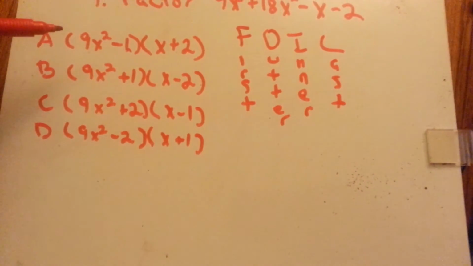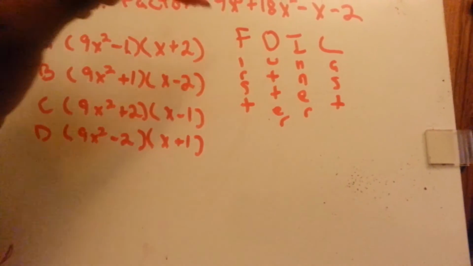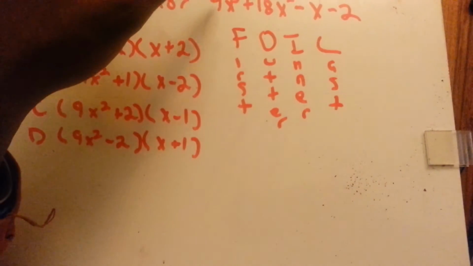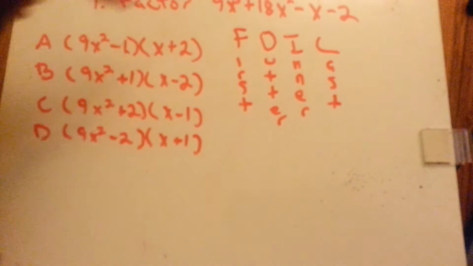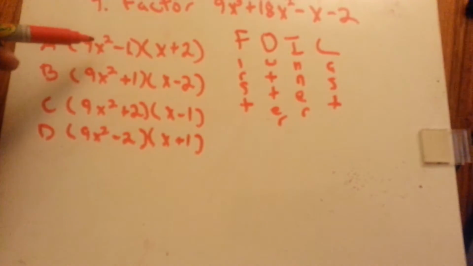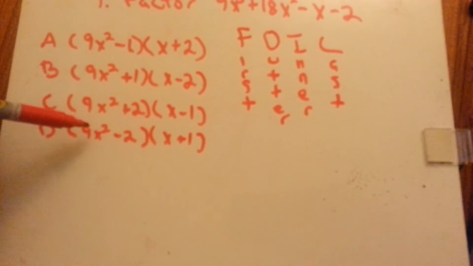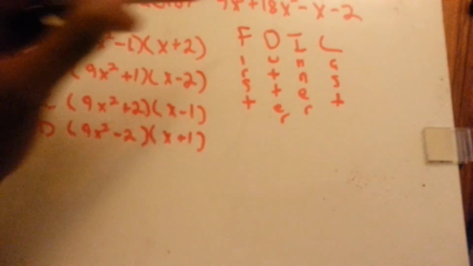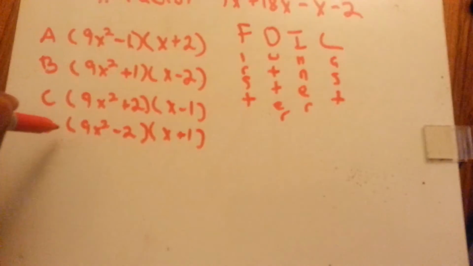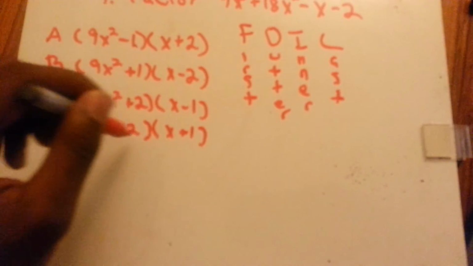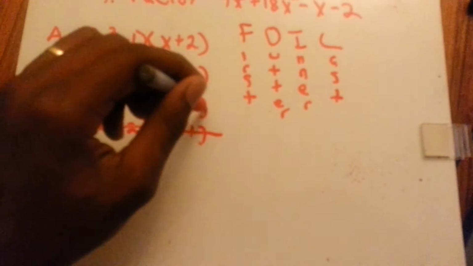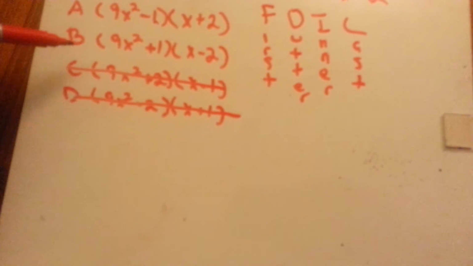So I know that this 9x squared is going to have to get multiplied by a 2 in order to get that 18x squared. So the ones that have 9x and the 2 together, I can rule out. So those last two I can automatically rule out.